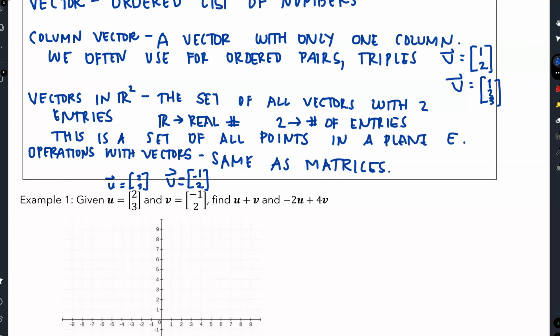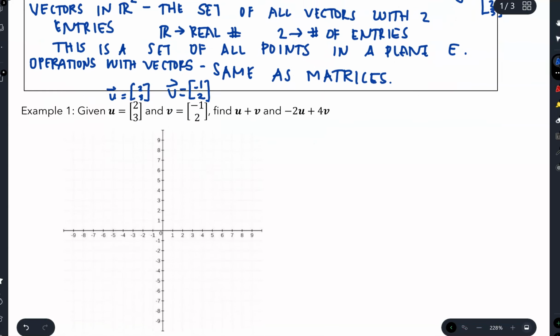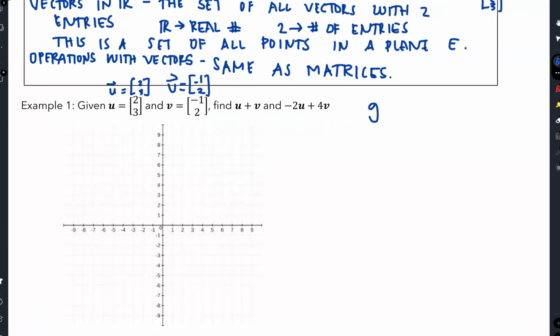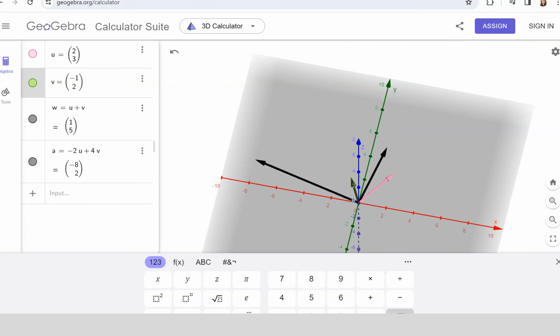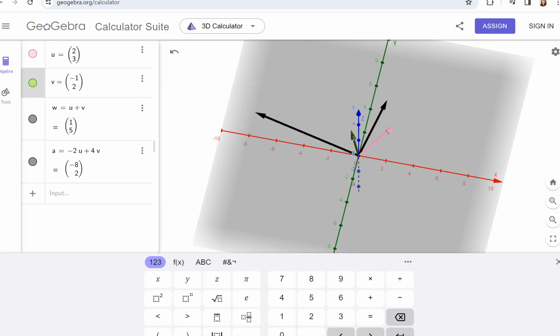Okay. So I'm going to show you in GeoGebra, because it helps to visualize it. I inputted the column vectors here. U, the pink one, is going to be 2, 3. V right here is going to be my -1, 2, and that's the green line. It shades it when we're highlighting it.